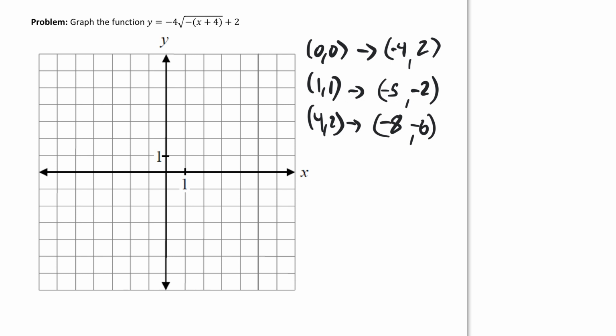Let's go ahead and plot these points. (-4, 2), (-5, -2), and then (-8, -6). That should just be right off the graph a little bit, just over here in the corner. And we'll connect the dots and add an arrow.